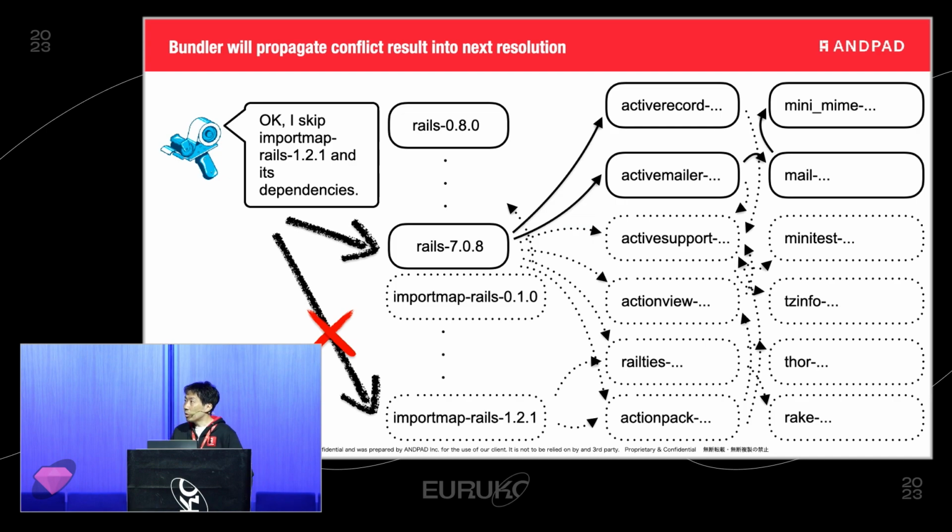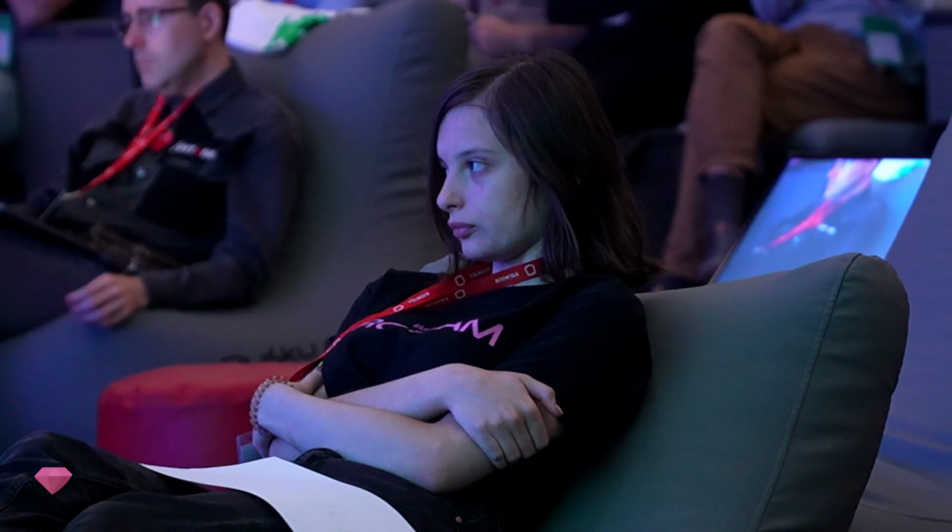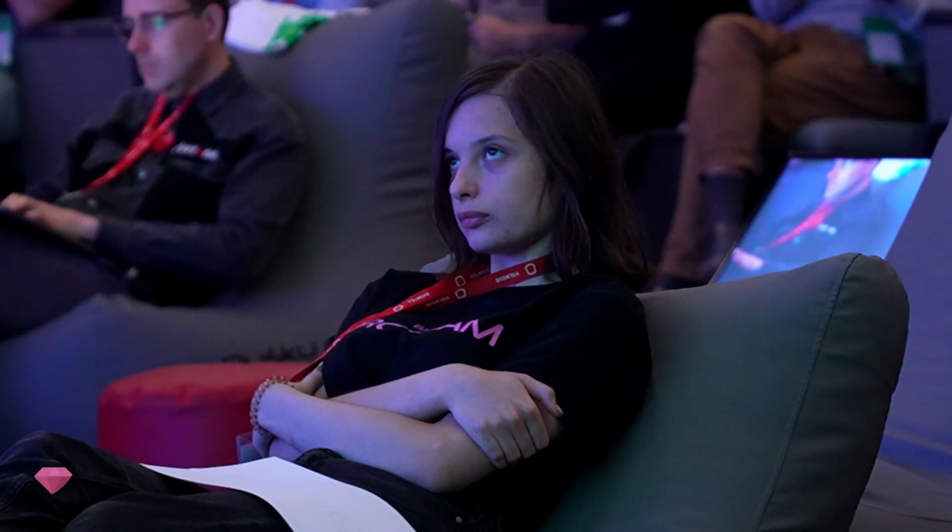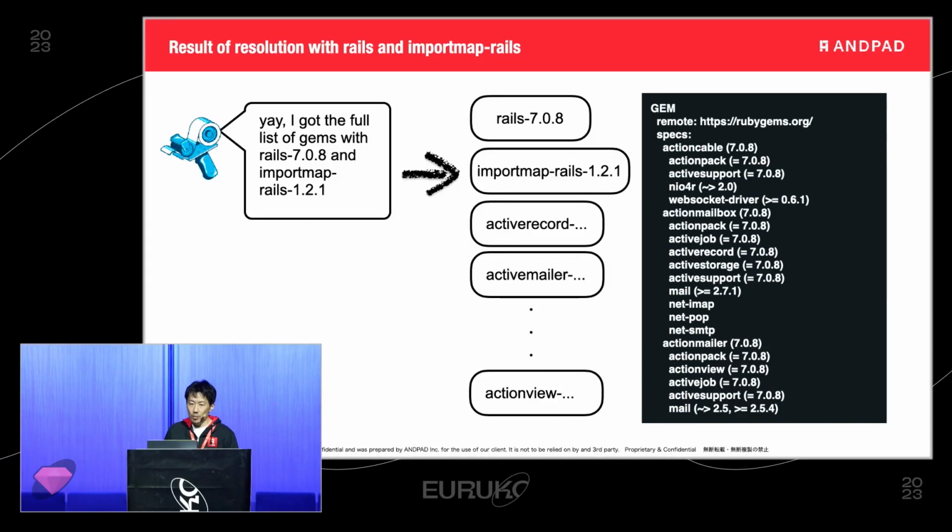After that, solve_versions will invoke setup_solver again to reset PubGrub's resolver information. So Bundler retries to invoke solve_versions again, and we can get the list of gems and versions from Bundler. So Bundler will go again and again to resolve dependencies. Finally, we can get the full list of Rails and importmap-rails dependencies, like this.